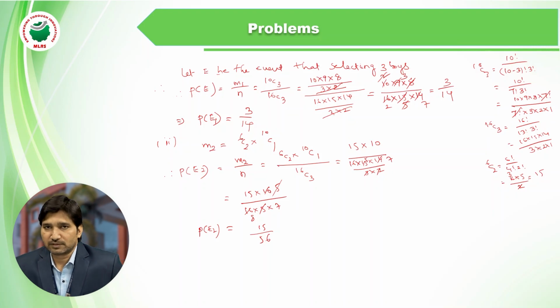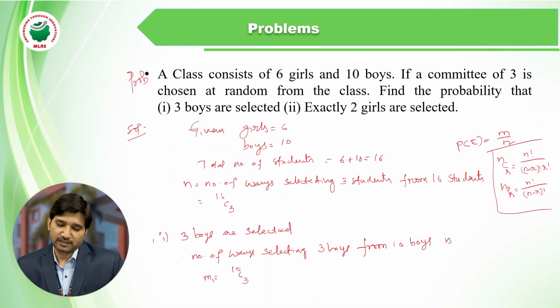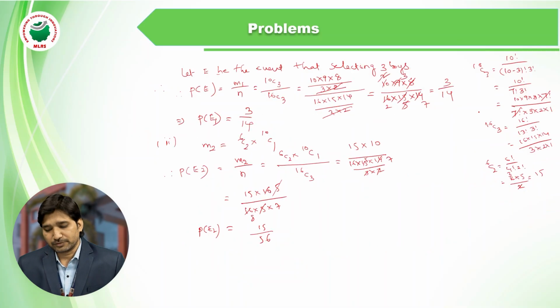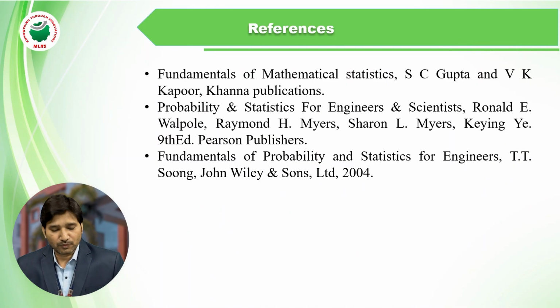So this is the way to find the answers to problems using probability. These are the simple problems we have discussed. We are using the references of the introduction to probability. Next class we can discuss random variables.